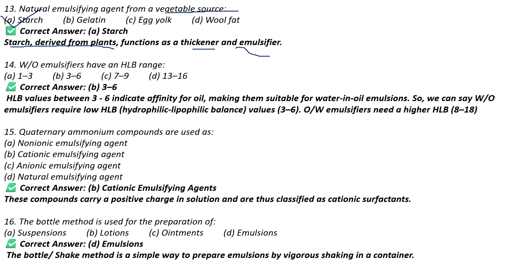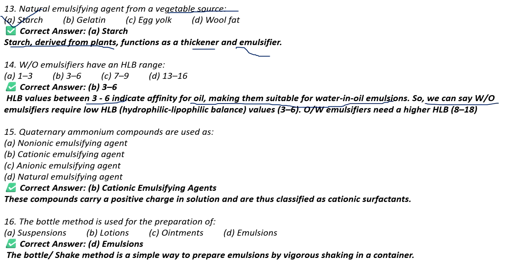Water in oil emulsifier having an HLB range of, what is the HLB range of water in oil emulsifiers? Options given are 1 to 3, 3 to 6, 7 to 9 or 13 to 16. So HLB values between 3 to 6 indicate affinity for oil, making them suitable for water in oil emulsions.